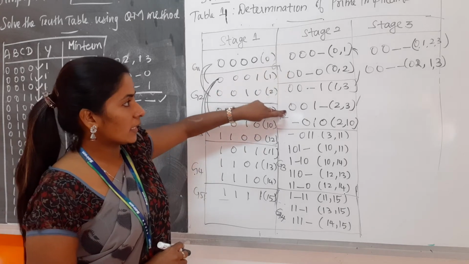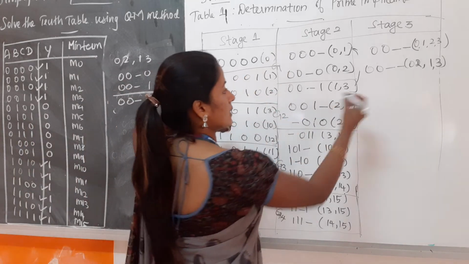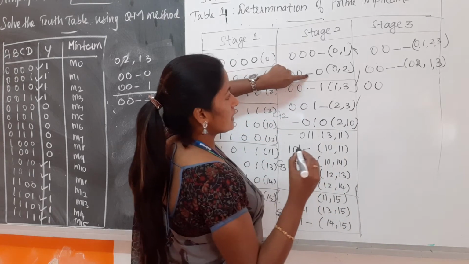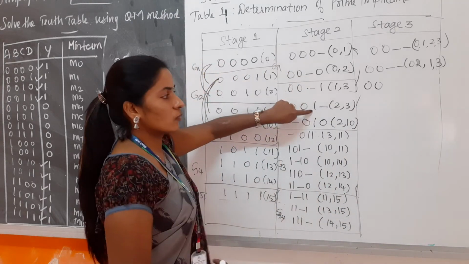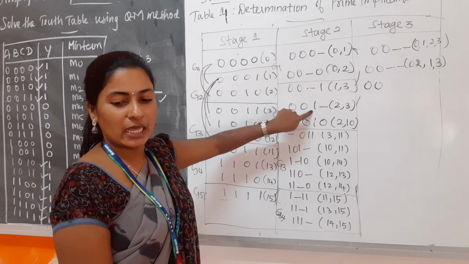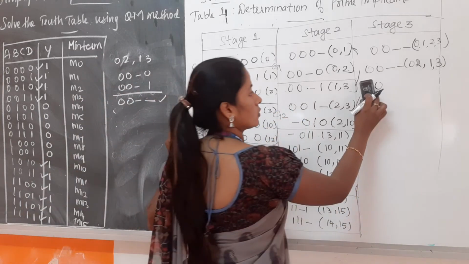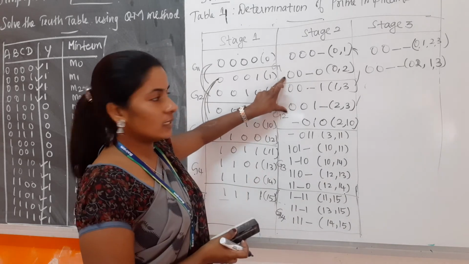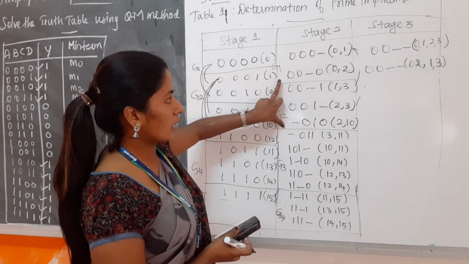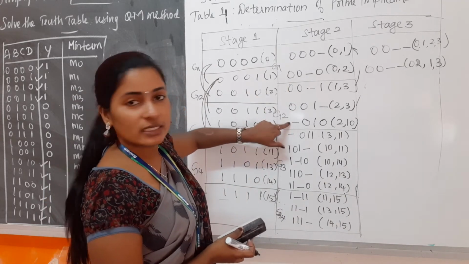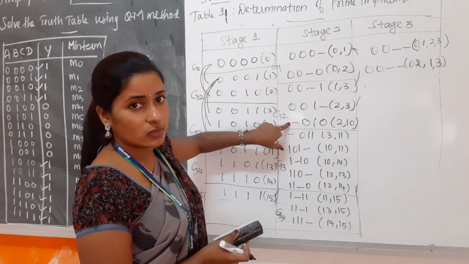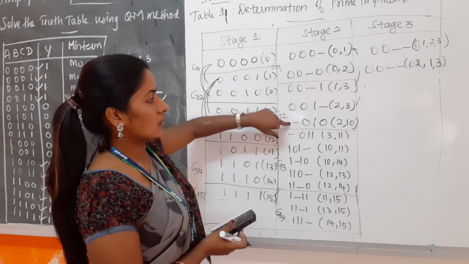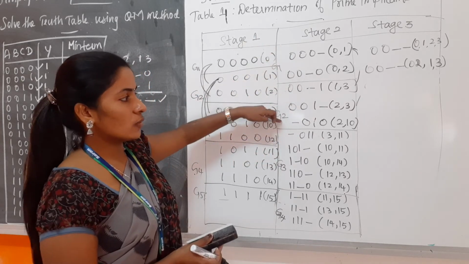Comparing 0 0 0, I will get 0 0 again, and 0 0 dash 1 came, so it becomes dash cross mode, so I cannot write this. So this combination got cancelled. Next I am comparing 0 2 and 2 10. 0 dash came, first itself it became cross, so I am not going to do further. Okay. So all G1 G2 comparison is over.